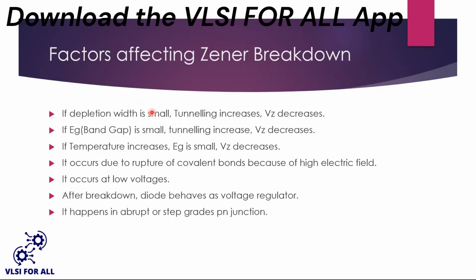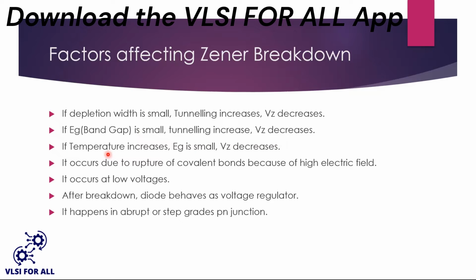That means at a lower Zener voltage itself, you can see the breakdown. The breakdown means you can see the multiplication, more electrons or holes passing. If the band gap is small, then tunneling will also increase, due to which the Zener voltage will decrease. And the third thing is temperature.